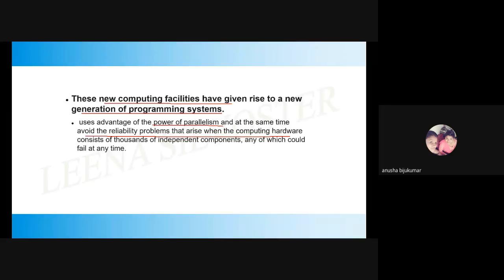Actually, the computing hardware, what do you mean by reliability? It means the computing hardware are operating independently, and if any one of them fails, then the whole system will fail.